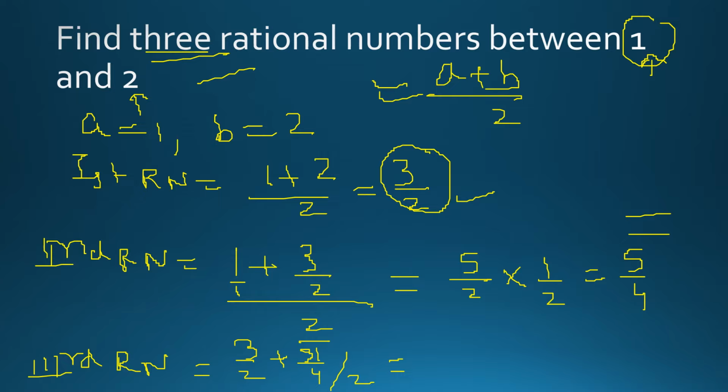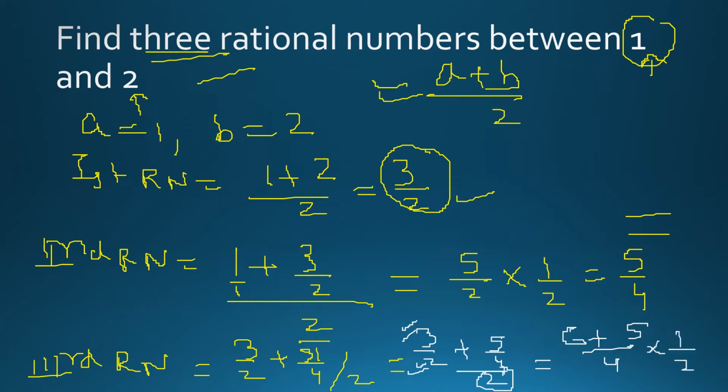See, let me change the color of the pen. (3/2 + 5/4)/2. If you take the LCM, this is 4. 2 times 2 is 4, so you will multiply 2 with the numerator, 3 2s are 6. You know how to take the LCM, right? And then this 2 will go as a reciprocal. So you will get 11/8.